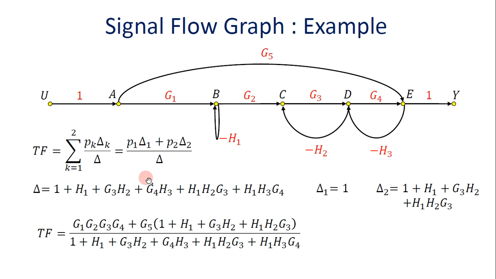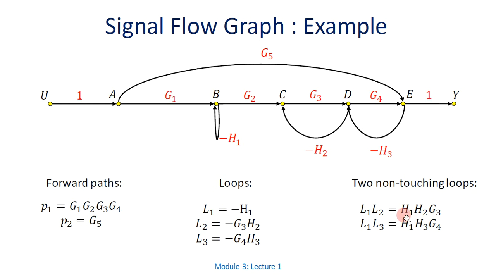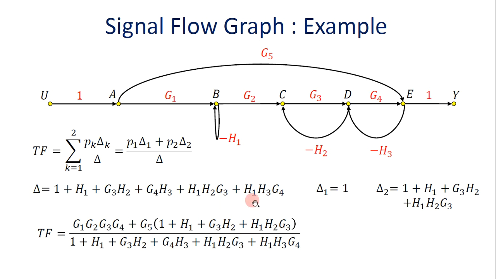So these are nothing but the sum of individual loop gains. And these are the loop gains of two non-touching loops: H1 H2 G3 and H1 H3 G4. So this is the value of delta.